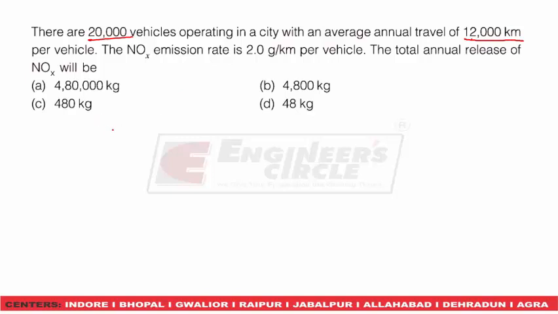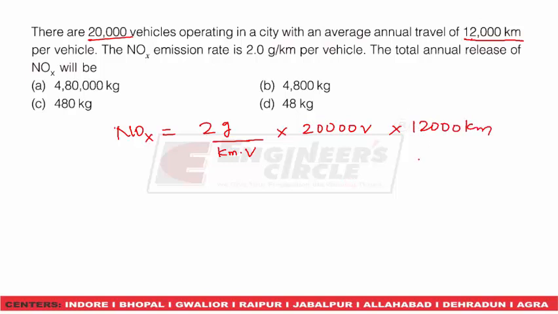So NOx emission will be equal to 2 gram per kilometer per vehicle multiplied by total number of vehicles, 20,000 numbers, and travel length of each vehicle is 12,000 km. So from here we can directly calculate the mass in grams.